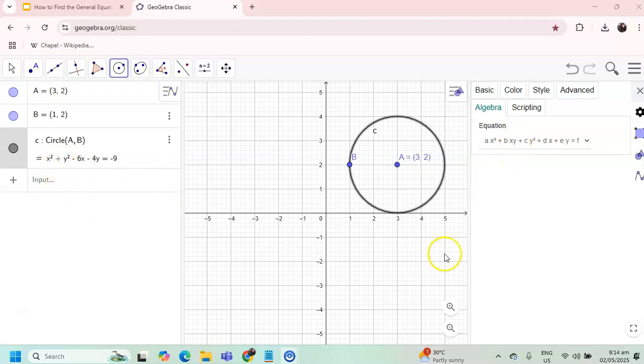See, there's no xy term here. So b is equal to 0. And the coefficients of x^2 and y^2 are equal. A is equal to c, and that is equal to 1 in this example. Hence, the general form of a circle is ax^2 + ay^2 + dx + ey + f = 0.